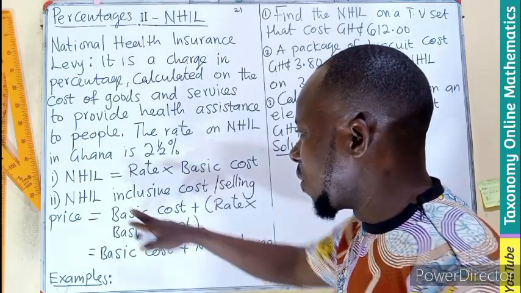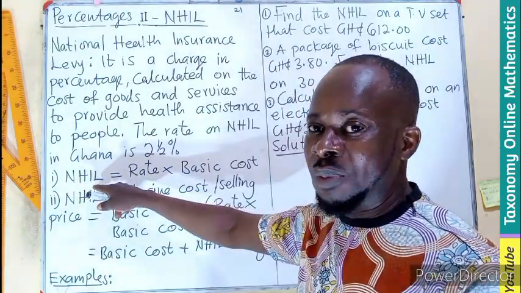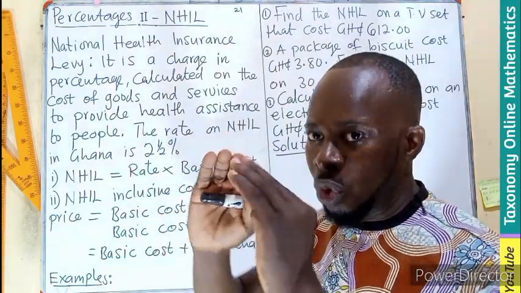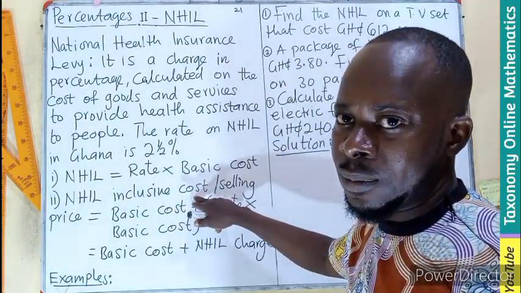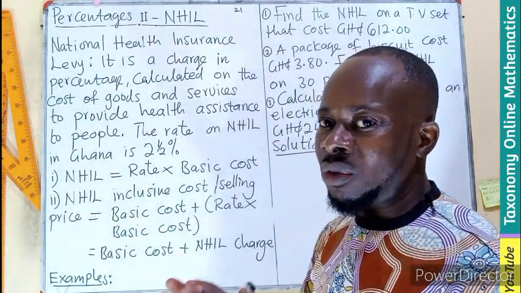Then the component of the NHIL that is being added makes the total become 10 cedis. That total is what we're calling the National Health Insurance Levy inclusive cost, or better still, the selling price of the article. So write it down.